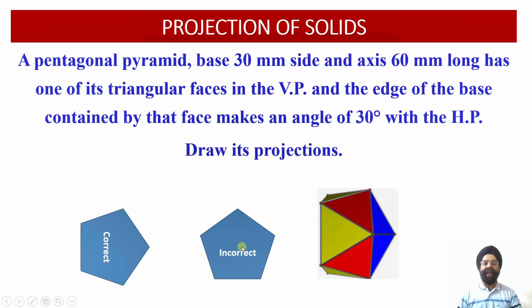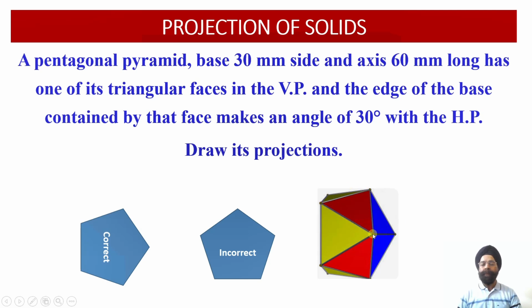So it is incorrect. Whereas if we have the vertical plane containing the base of this pentagonal pyramid to begin with in this orientation, what will happen? Once we incline this pentagonal pyramid with respect to the vertical plane, we can see that this is the location of the pentagonal pyramid when originally the base is contained by the vertical plane.